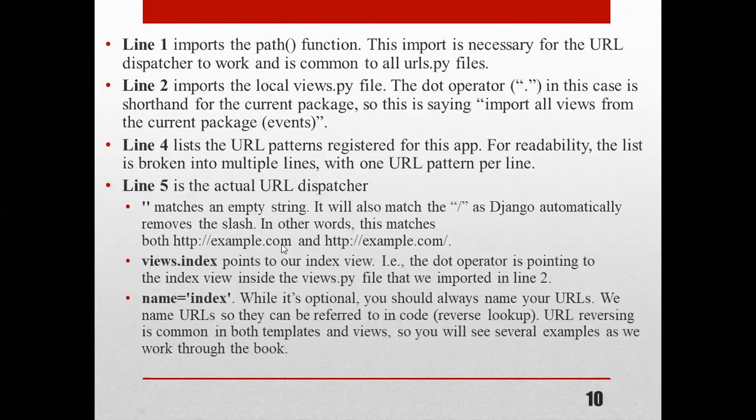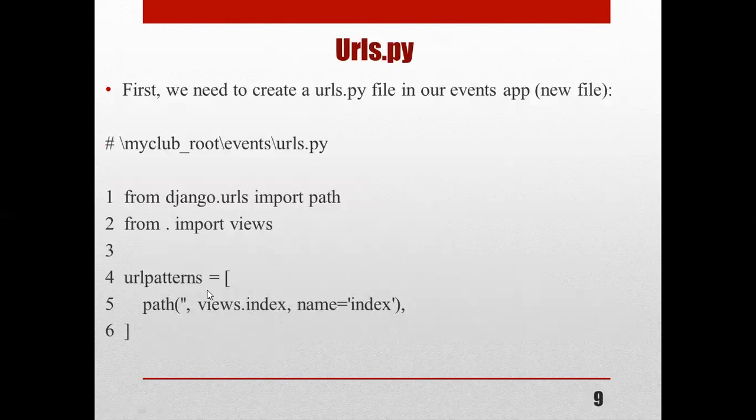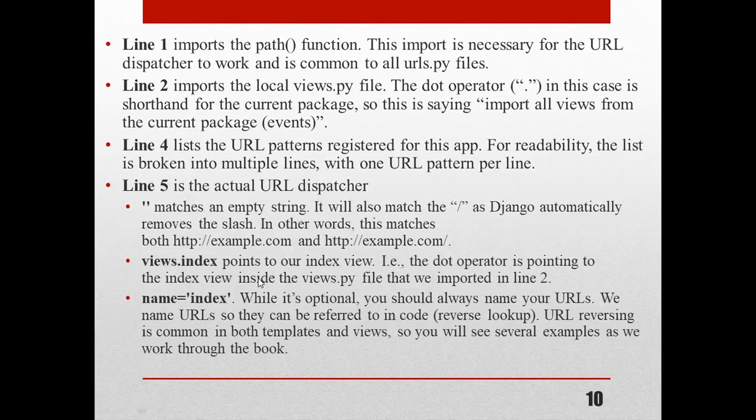Then line number 4, urlpatterns. This line lists the URL patterns registered for this app. All the URL patterns registered for this app will be listed. For readability, the list is broken into multiple lines with one URL pattern per line. Line number 5, path, is the actual URL dispatcher. It matches an empty string.